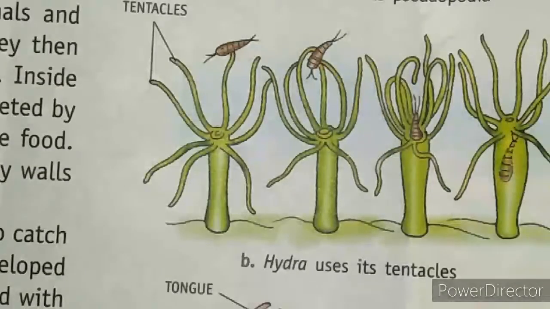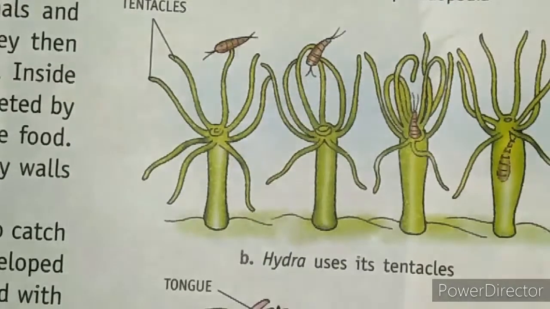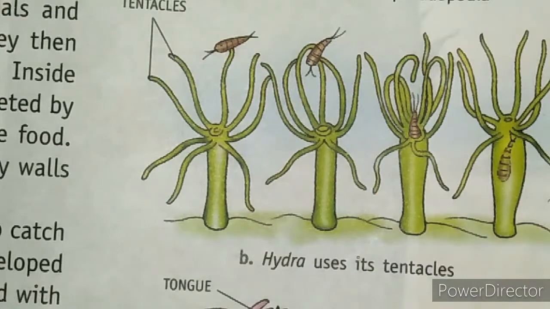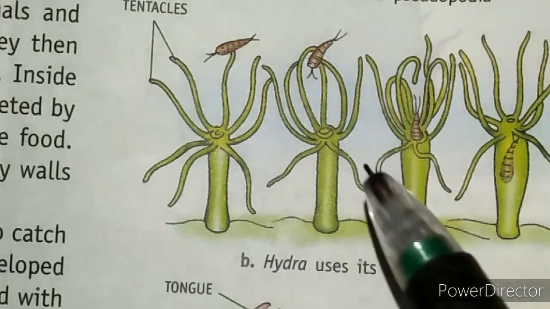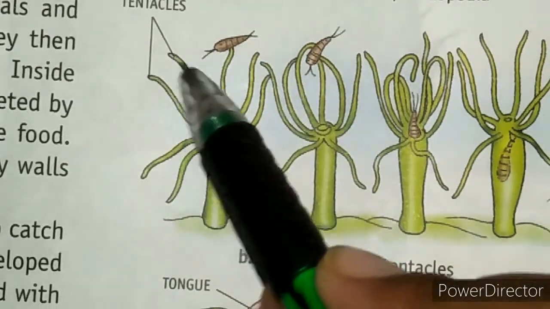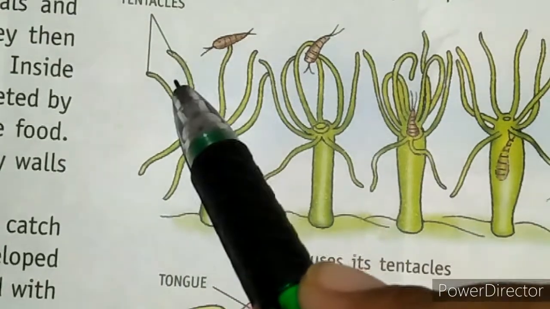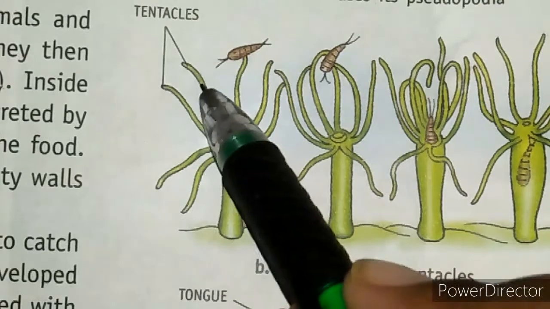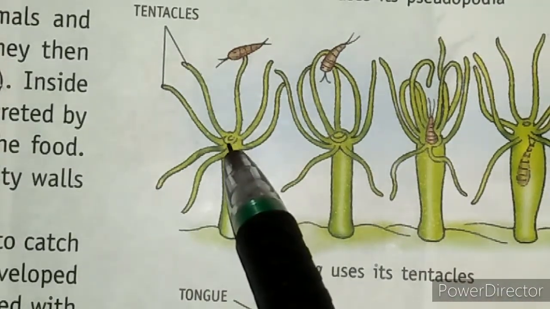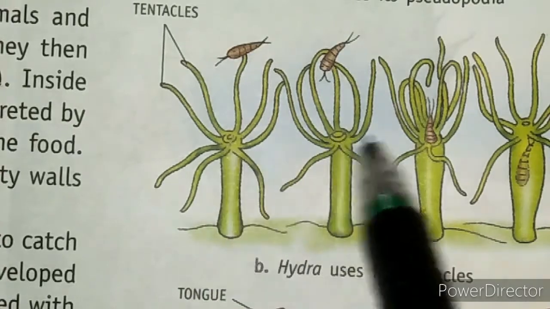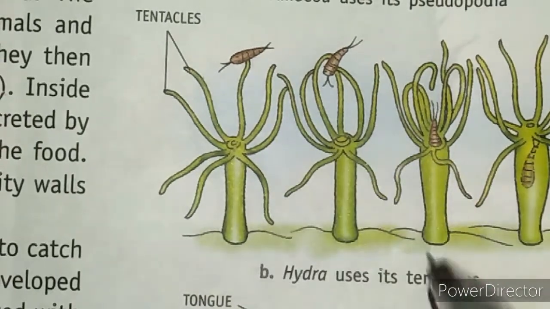Now move to our next creature, that is hydra. This is a simple multicellular organism and it has a number of tentacles. These long slender shaped tubes are called tentacles and these are just around the mouth of it. Got it? This is the mouth of the hydra.